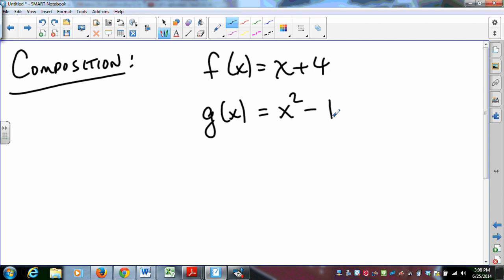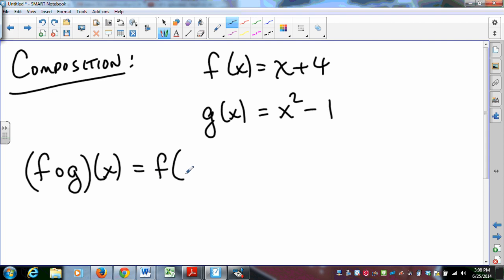When we talk about the composition f of g of x, sometimes pronounced fog of x, is f evaluated at g of x. So literally, we take this function and stick it into that function.